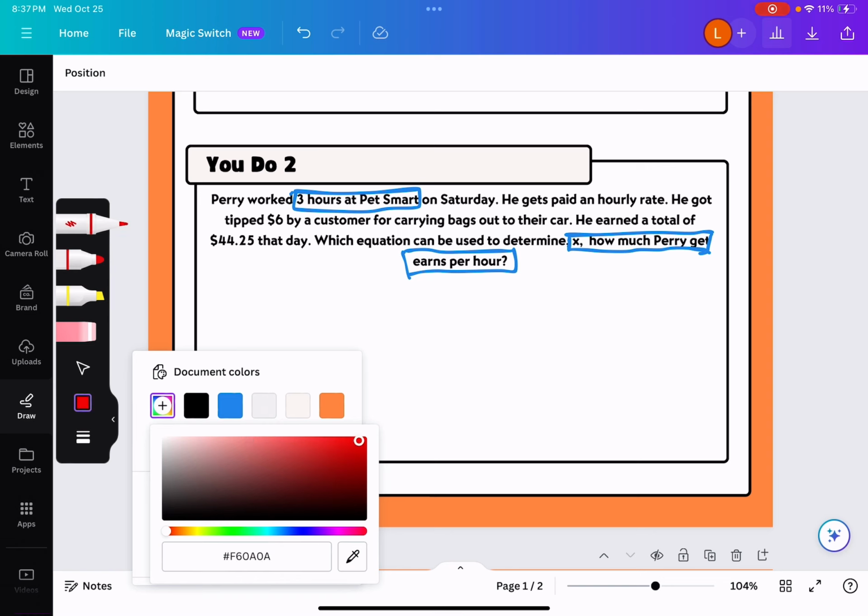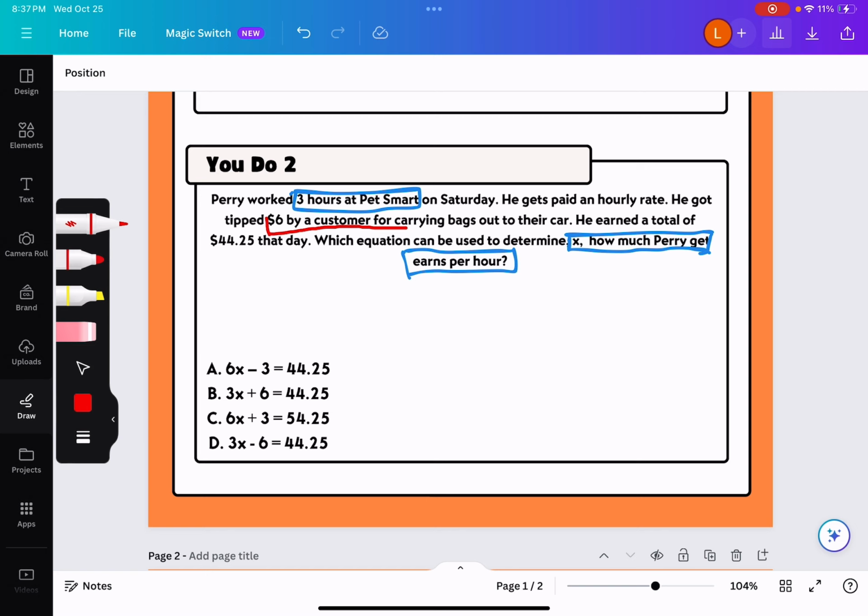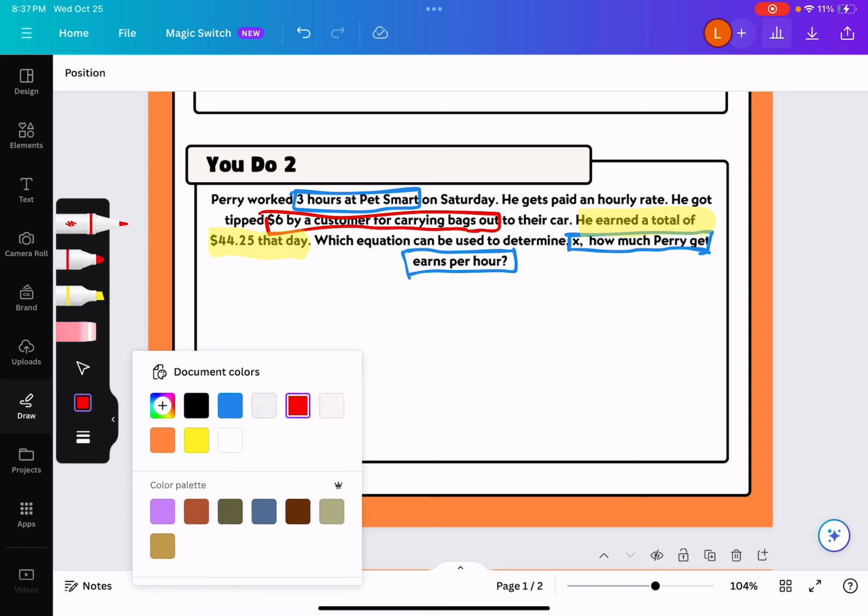Okay, so he got a $6 tip. And we know that he earned a total of $44.25 that day. Okay, so we're gonna go ahead and write our equation.